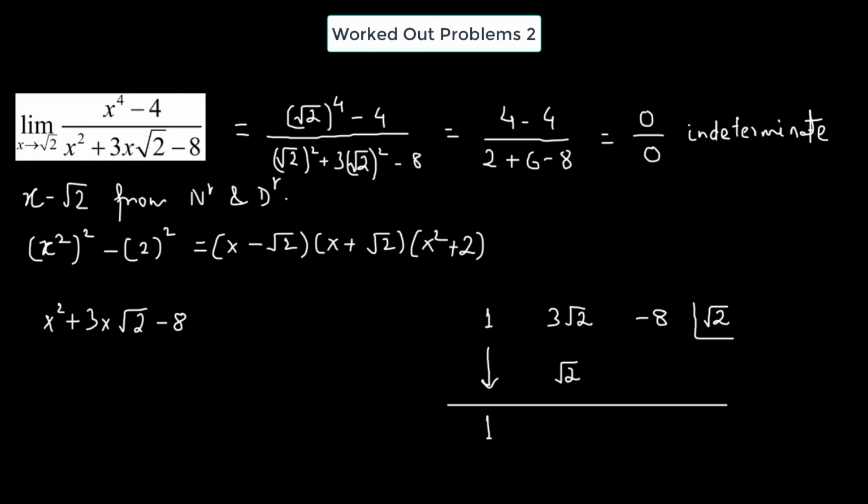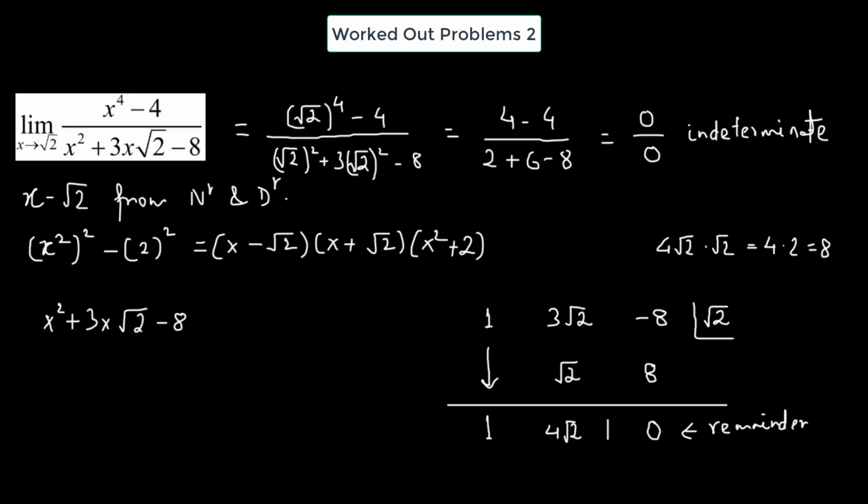Now we're going to add the two values down the column, so that will give us 3 root 2 plus root 2, which is 4 root 2. Similarly, we're going to multiply 4 root 2 with root 2. So we have 4 root 2 times root 2, which is simply equal to 4 times 2, that gives us 8. Now we're going to place 8 directly below negative 8 and we add down the column, so that gives us a 0, which indicates that the remainder is 0.